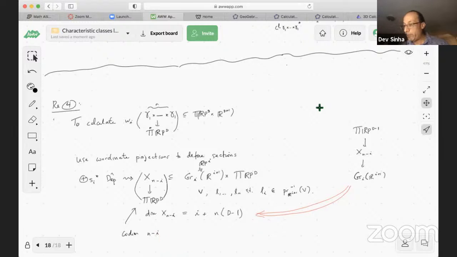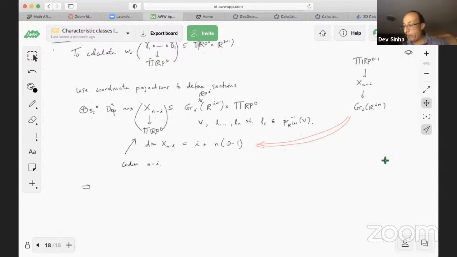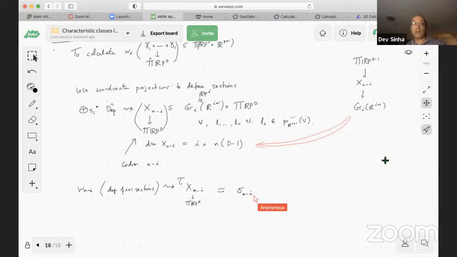So the sketch of what happens is that you're looking at the definition of W_(n-i), which is the dependence locus of i+1 sections. If you choose your sections using projections in the trivial bundle that gamma is defined in, then you're led to this X_(n-i), and you're taking the Thom class of it with its projection over RP^D.